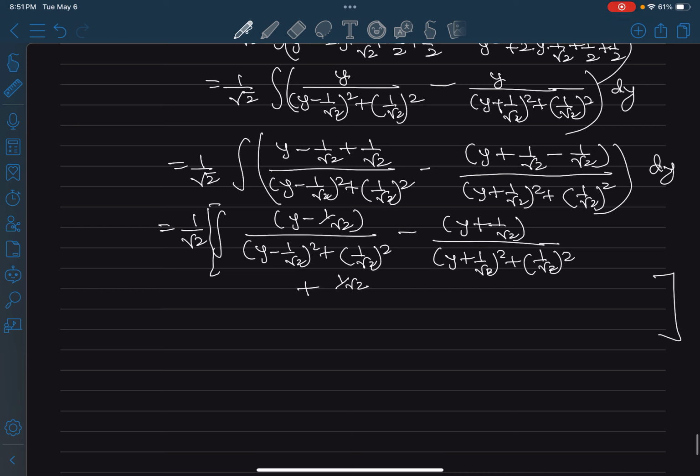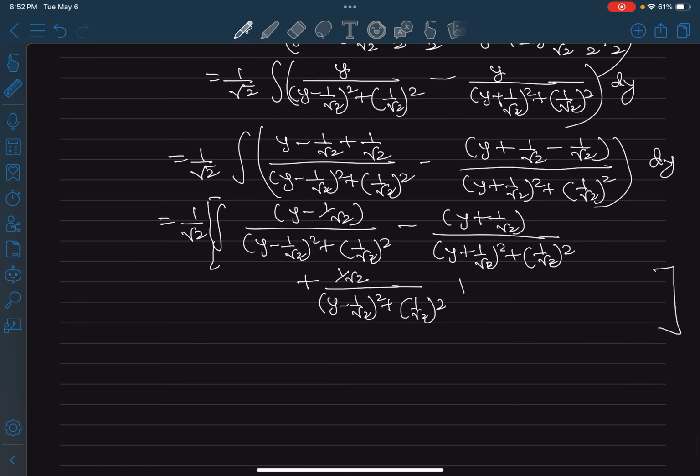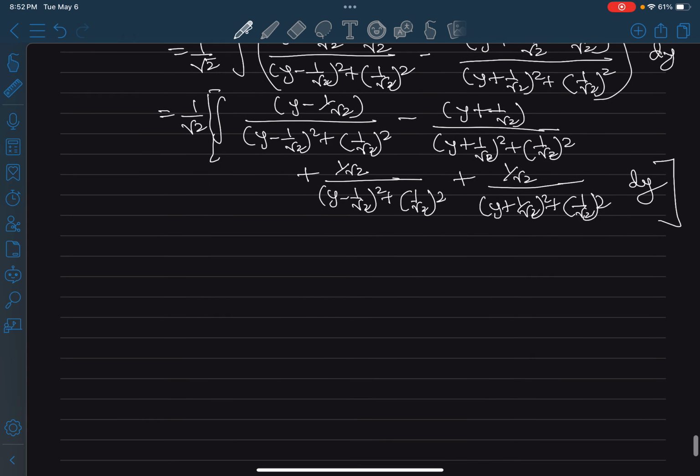Okay. And 1 by root 2, but y minus 1 by root 2 square plus 1 by root 2 square, right? And then minus minus this becomes plus over here. So 1 by root 2 y plus 1 by root 2 square plus 1 by root 2 square, and then dy, right? Now, this becomes 1 by root 2 outside. And okay, so if the denominator is just z, this numerator is just dz by 2, right?